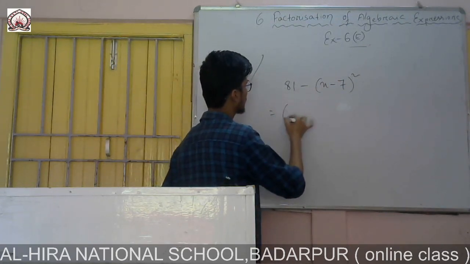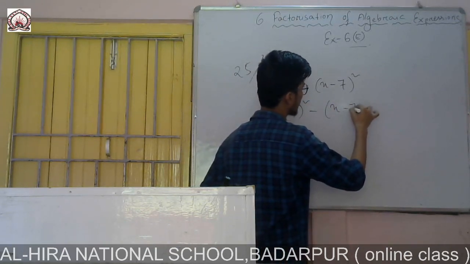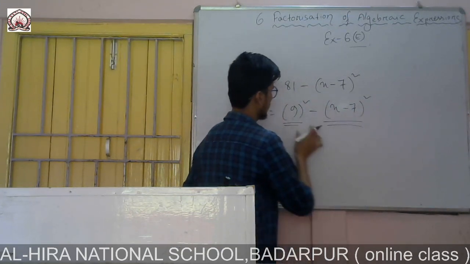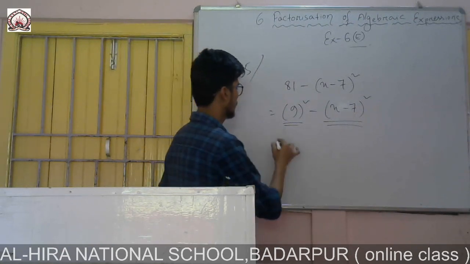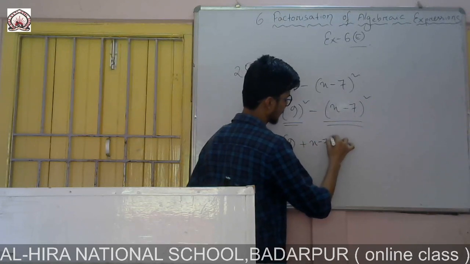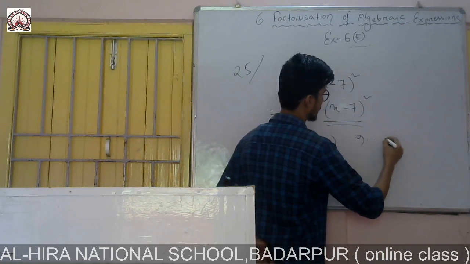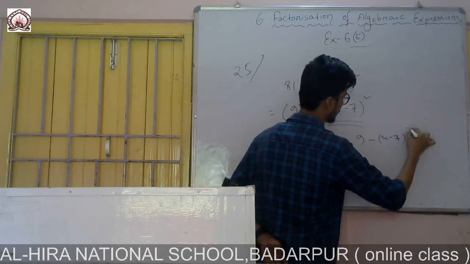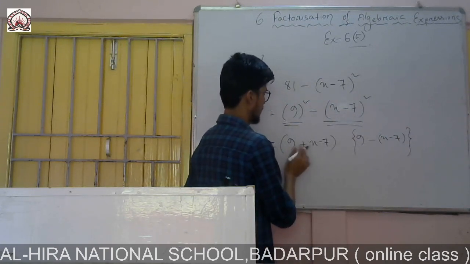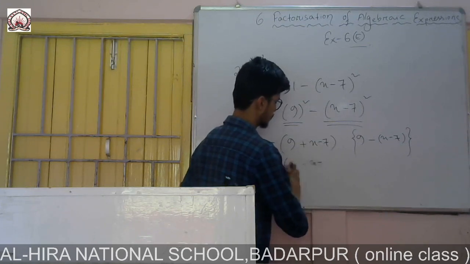I can write 81 as 9 square, and this one as x minus 7 whole square. See, it is in the form a square minus b square. So the formula is a plus b and a minus b. Let me write x minus 7 in the second bracket because there is a minus sign. For a plus b, it will be 9 plus x. Okay, let me solve this one.